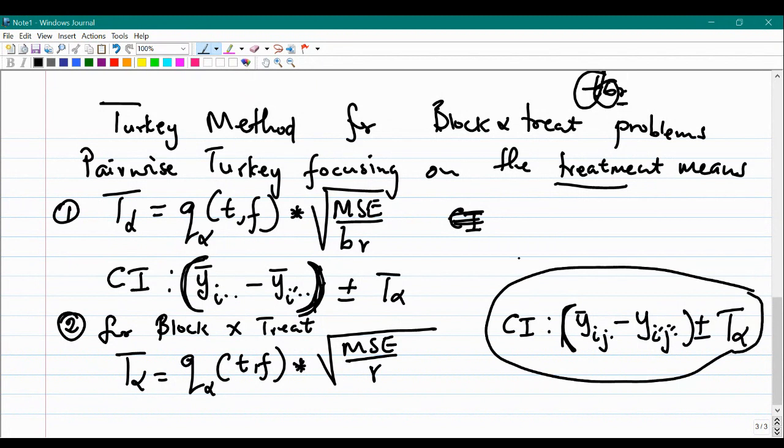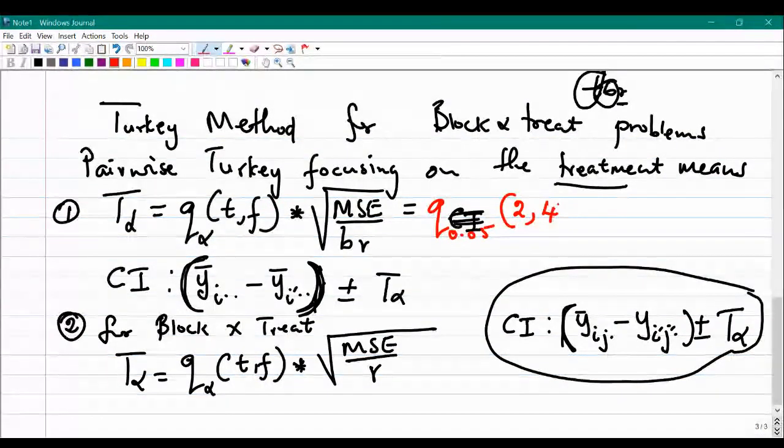So this is the formula that you'll use. Can you please calculate, when testing for the treatments? We'll have Q of 0.05. How many treatments do we have? We have 2.